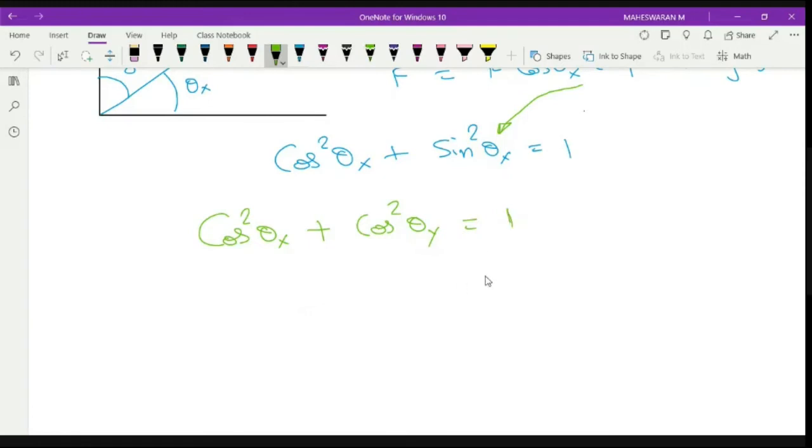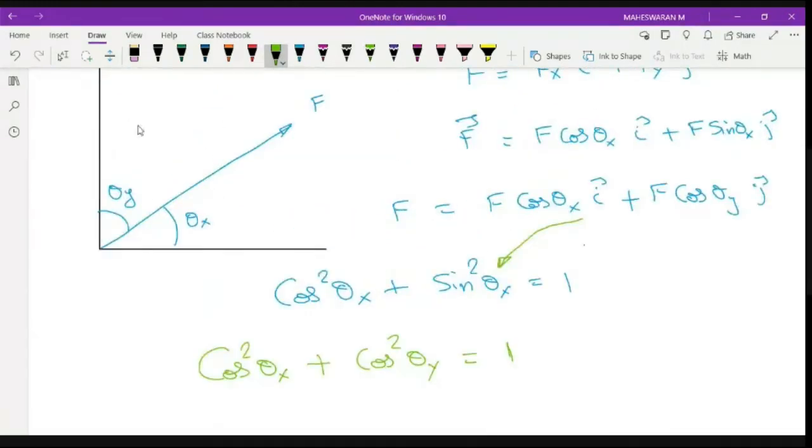Any doubt in this? So sin theta x, I can write as sin of 90 minus theta y, and sin 90 minus theta is cos theta. I'm converting everything in terms of theta y and theta x, with respect to the x-axis, the y-axis, and also the z-axis.